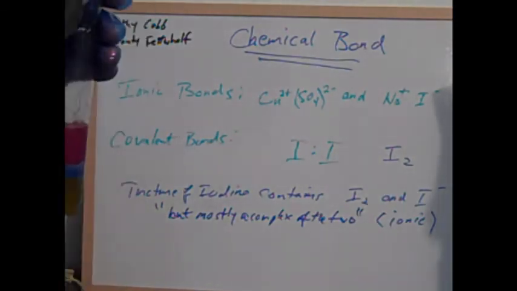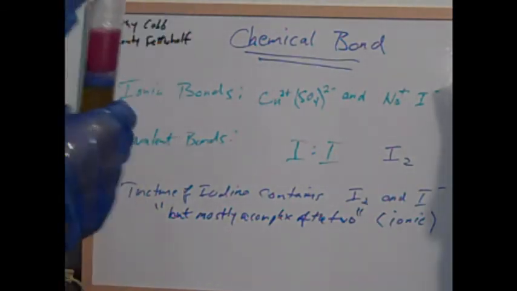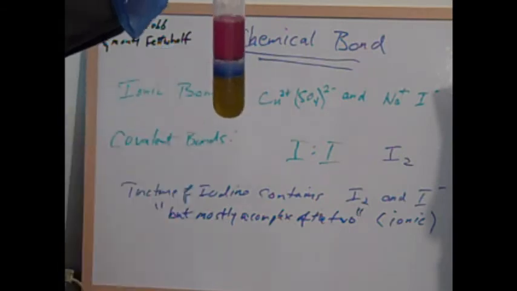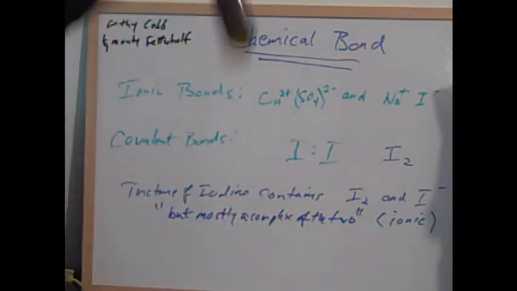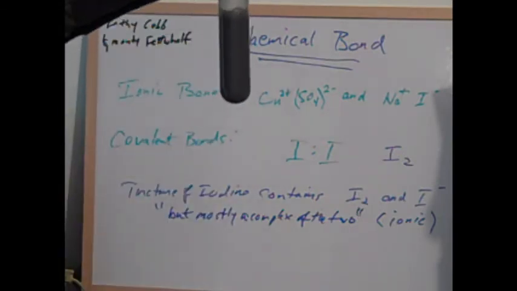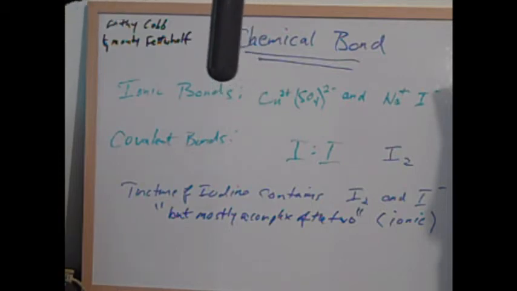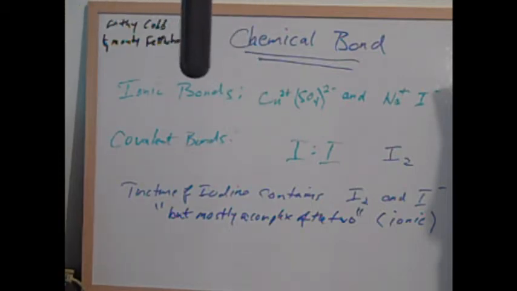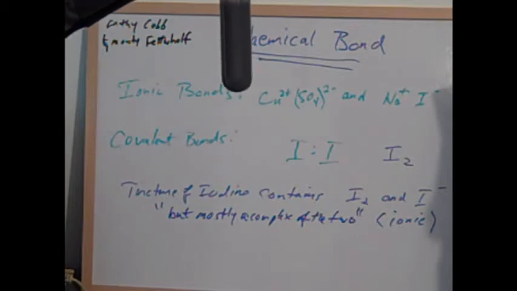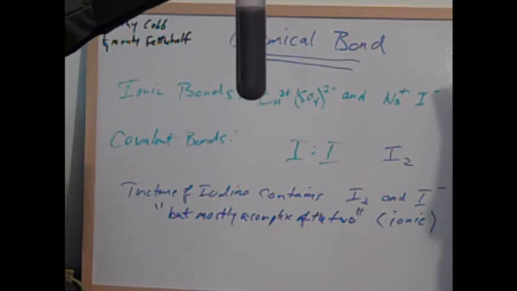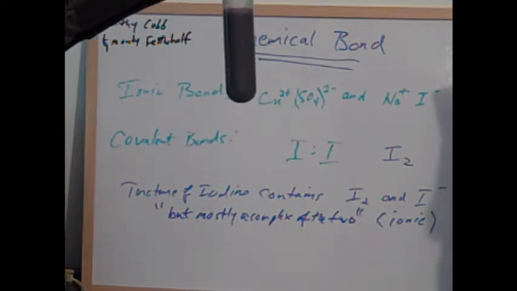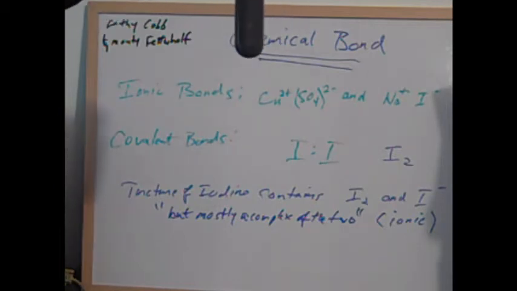We've done this before and we didn't get proper results. You can see already that something else is forming by its color. We'll shake it up. Looks like mud here. We're not getting the royal blue color we're supposed to have gotten. I put too much iodine in here this time. That's what happened.